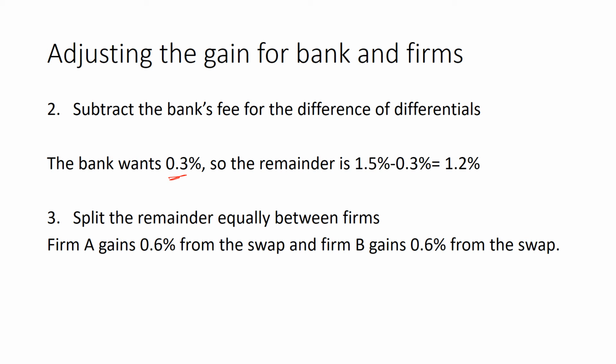So you are left with 1.2% in terms of gain. And finally, you split the gain equally between each company because they want an equally attractive swap. So 1.2 divided by 2 is 0.6% to firm X, sorry, and firm Y will get 0.6% as well.